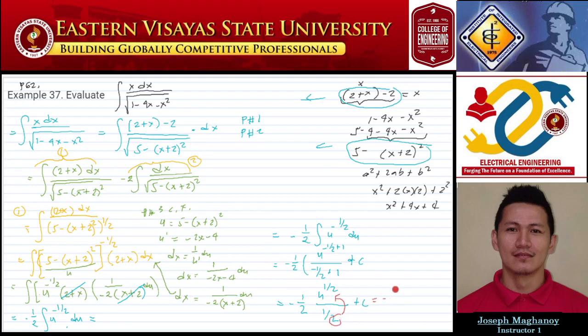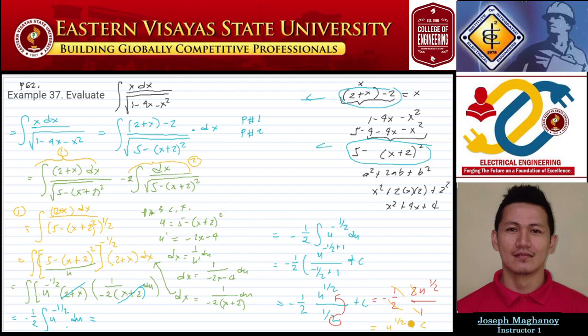The final answer is negative 2 over u to the 1/2, so over 1, cancel both sides. Cancel 1, cancel 2. The remaining is u to the 1/2 plus C.